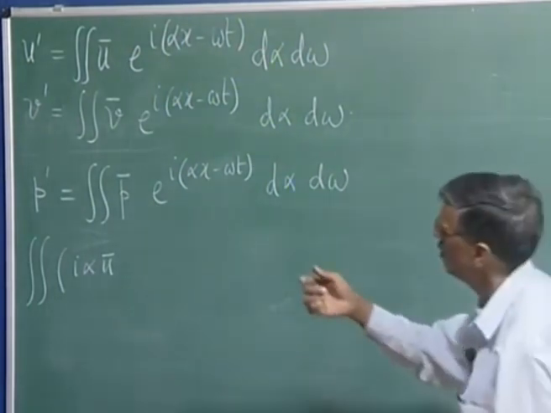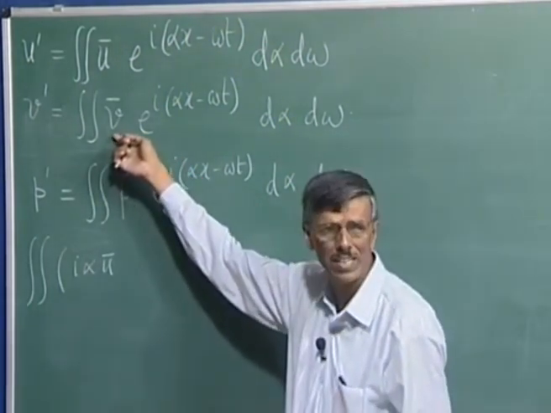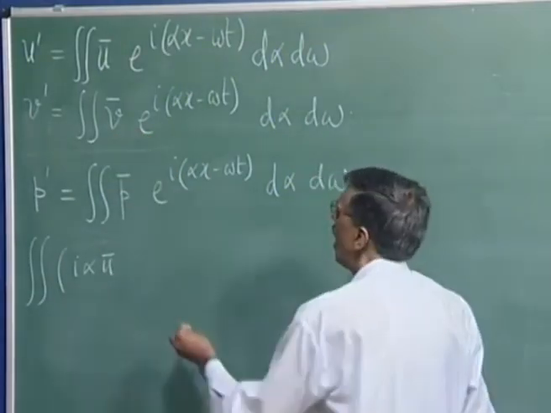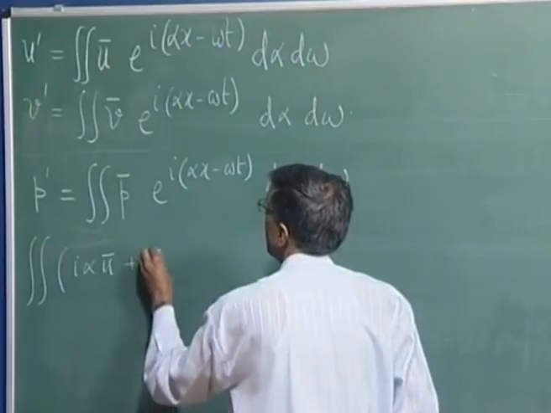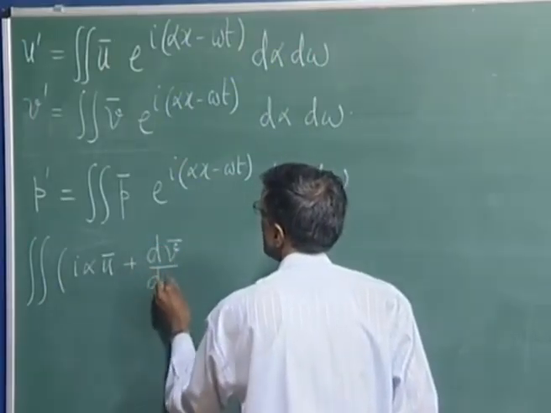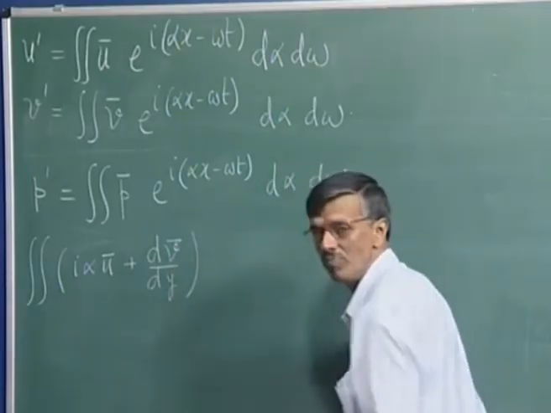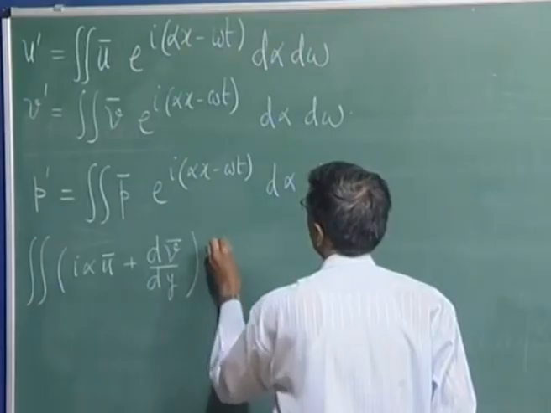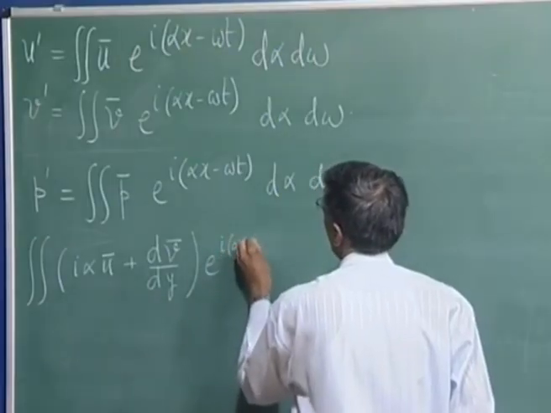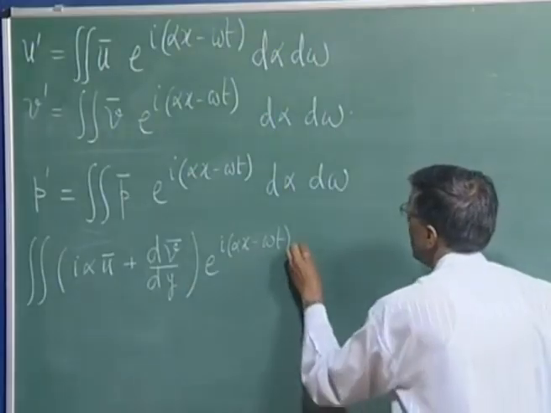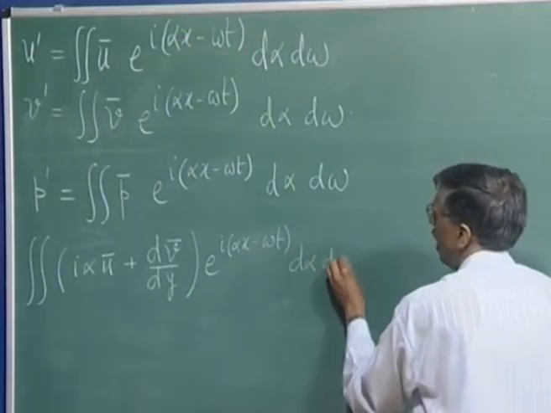That y variation is embedded in there, right? So what I would do is write that as d v bar d y, and then we have all these quantities, alpha x minus omega t, d alpha d omega.